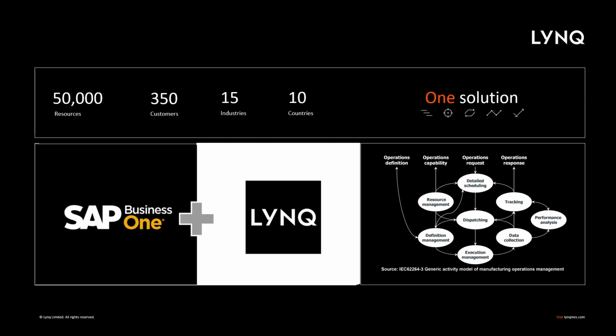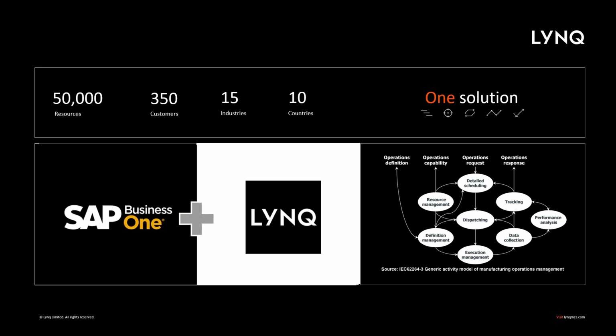So just a bit about Lynq here. Lynq is a leading provider of commercial MES software. We extend and enrich SAP Business One with a plug-and-play manufacturing operations management solution to provide an MES for a fraction of the typical cost.